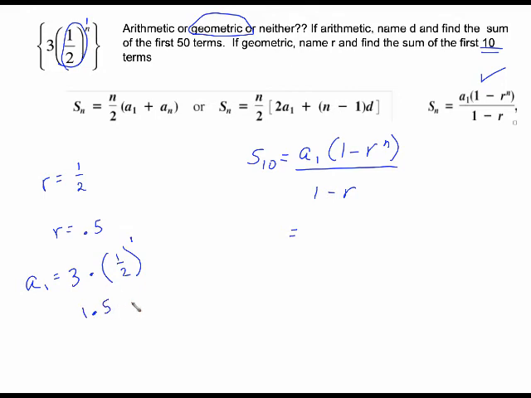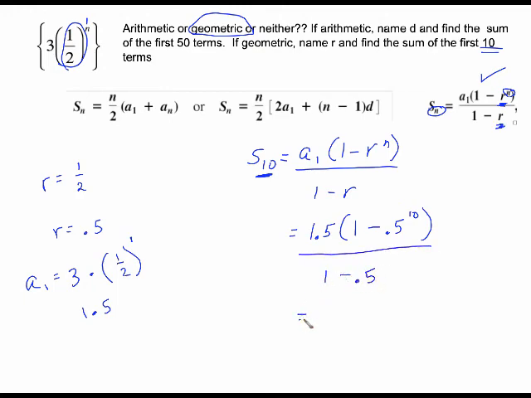So plugging this information into this formula, A sub 1 is 1.5, 1 minus R, which is 0.5, to the n, which is 10, because I want the sum of the first 10 terms. Remember, in this formula, this n and this n are the same, and the R's are the same. Then the bottom here is 1 minus 0.5.